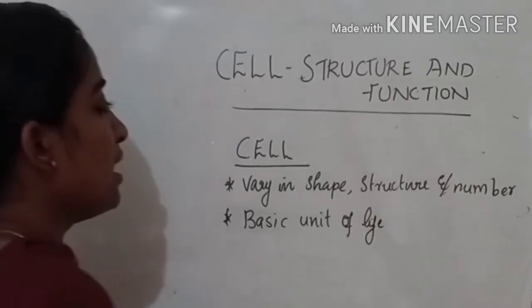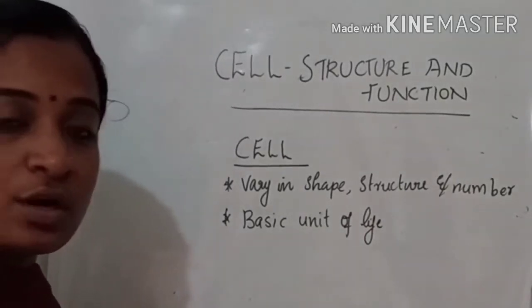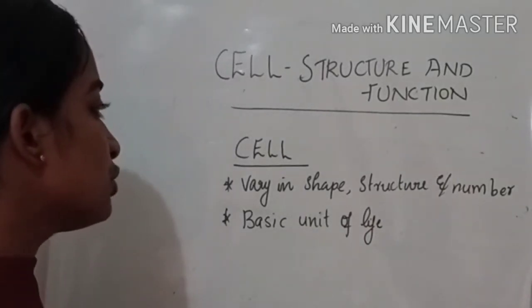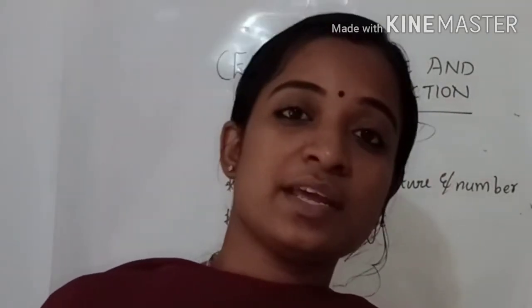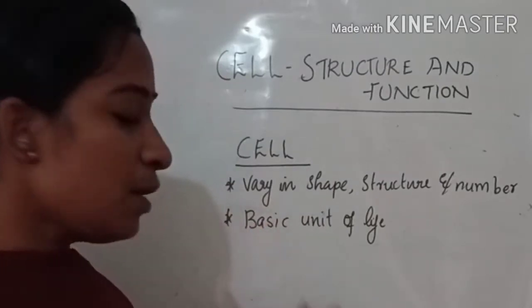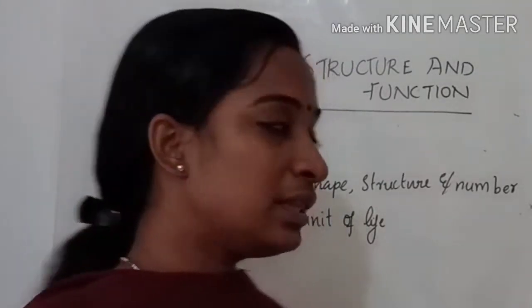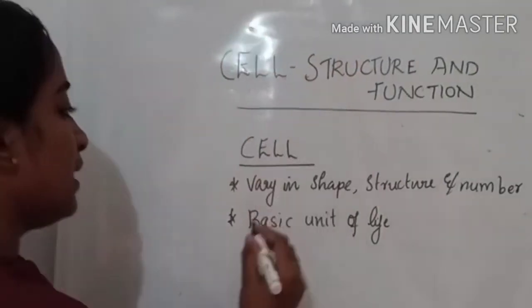So cells are the basic unit of life. Okay, so they vary in size, they vary in structure, shape, and vary in number. Now let us learn how they vary in number.